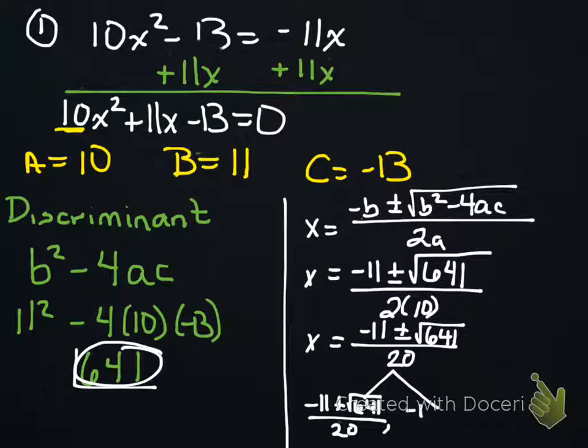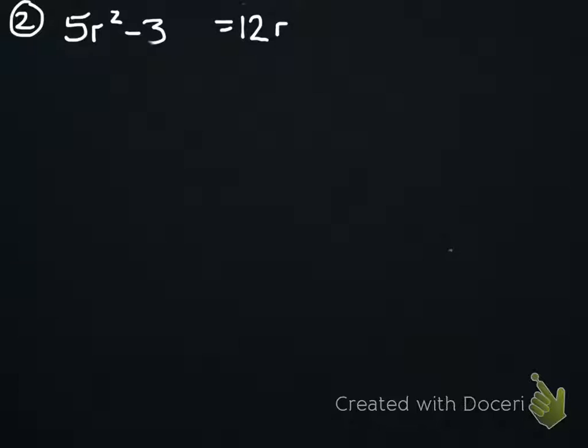You do the same thing with negative 11 minus the square root of 641, divided by 20. Once you have those two decimals, you can put them in if it asks for decimals. If it asks for exact values, separate them by a comma. Those are the two things you'll write.